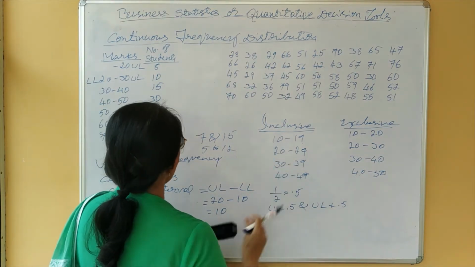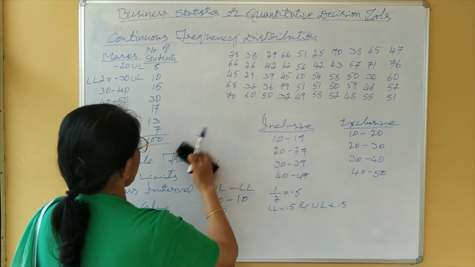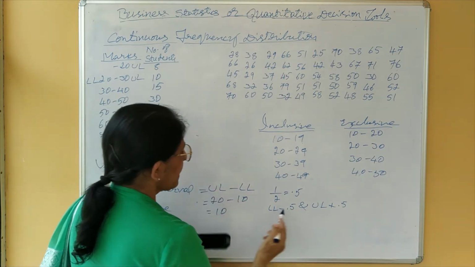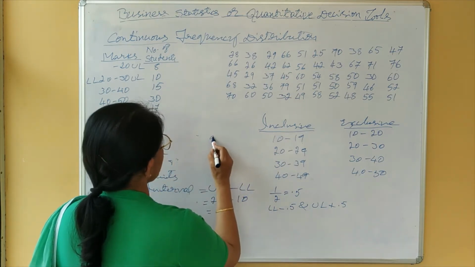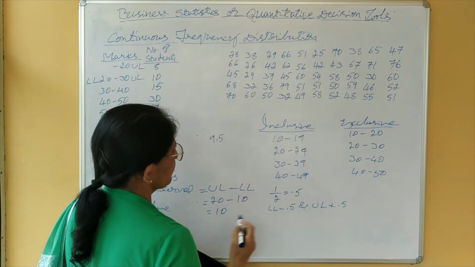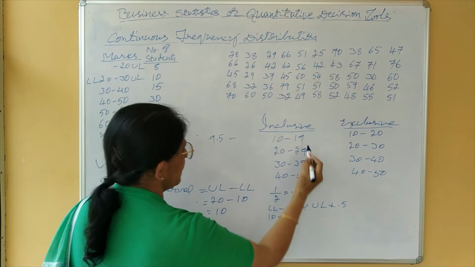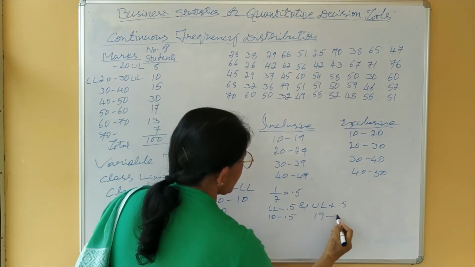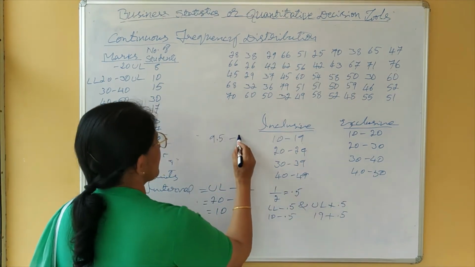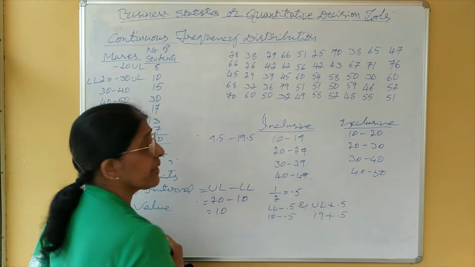Now here it is 10 minus 0.5, 9.5. Upper limit 19 plus 0.5, 19.5.